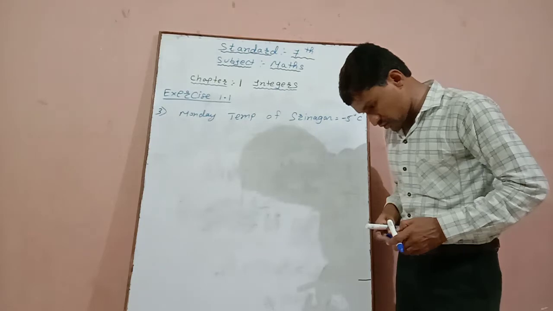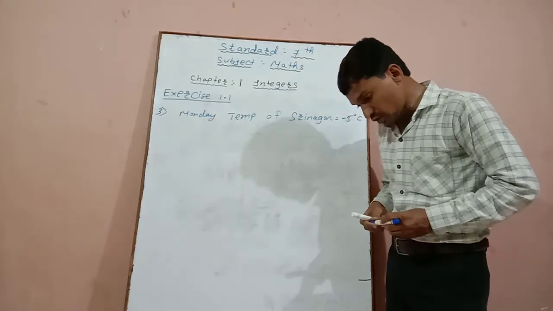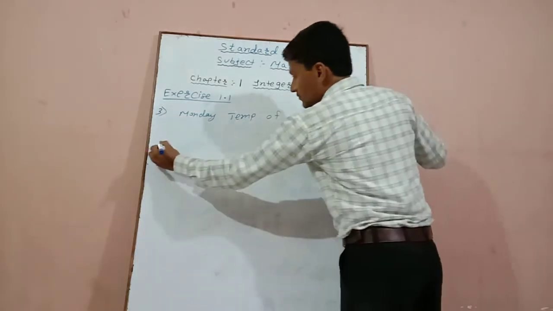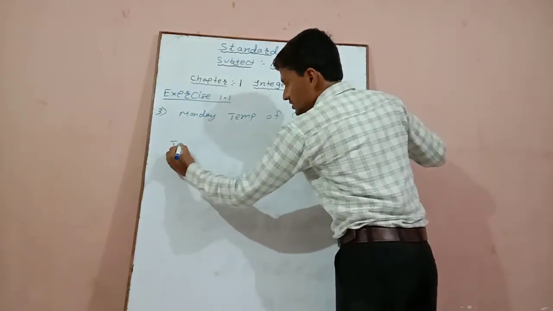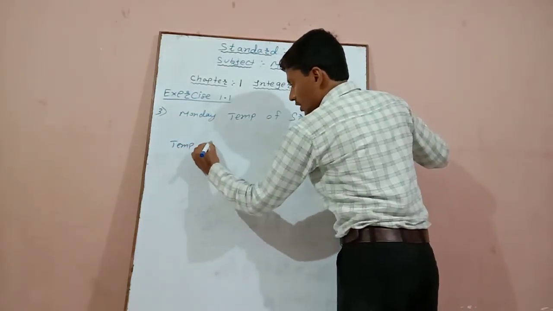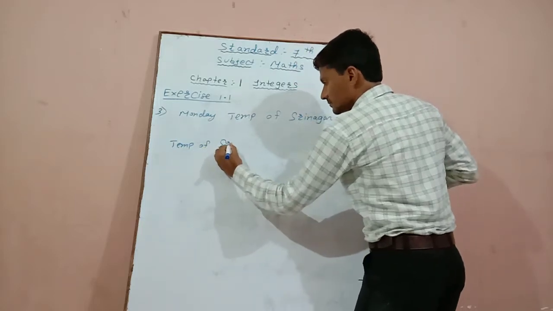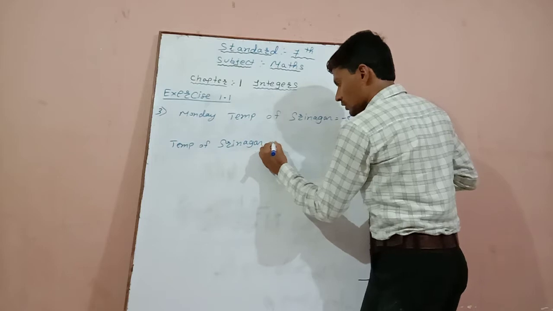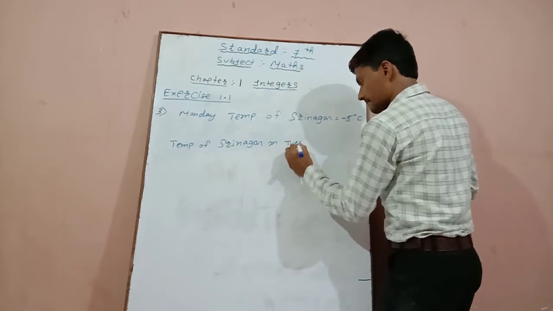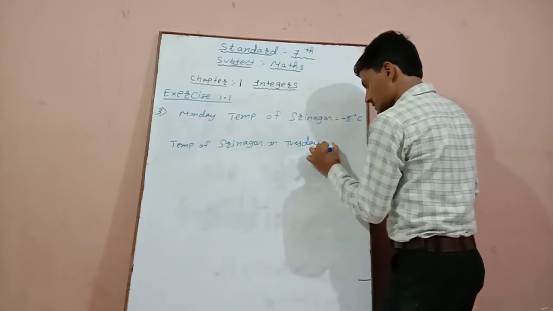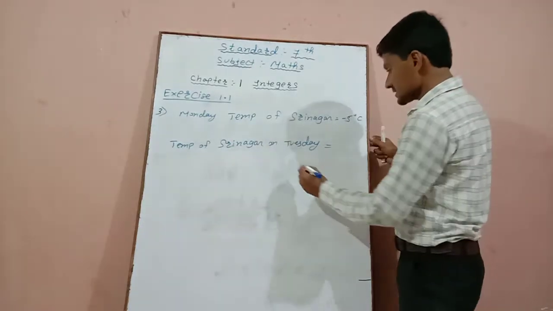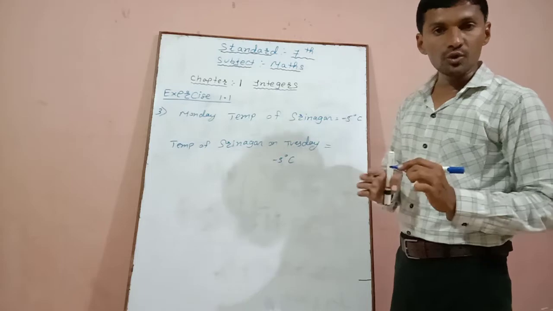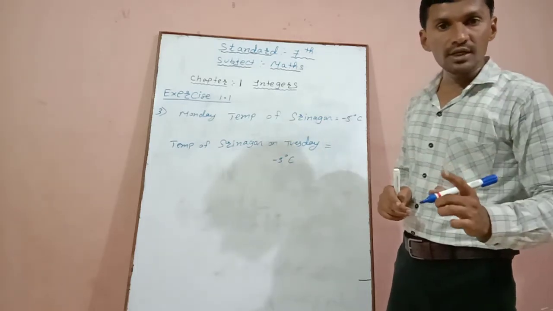So the first question is, what was the temperature of Srinagar on Tuesday? Therefore, the temperature of Srinagar on Tuesday is equal to, Monday's temperature is minus 5 degree, and on Tuesday a 2 degree drop.